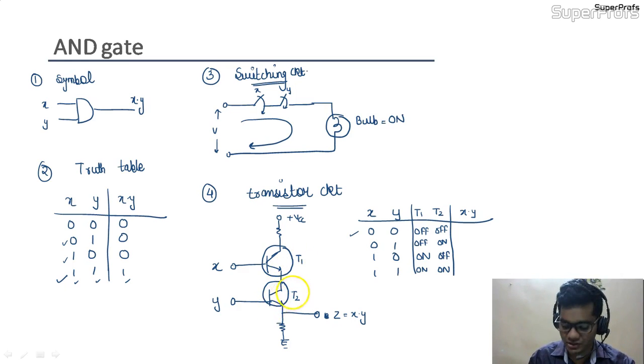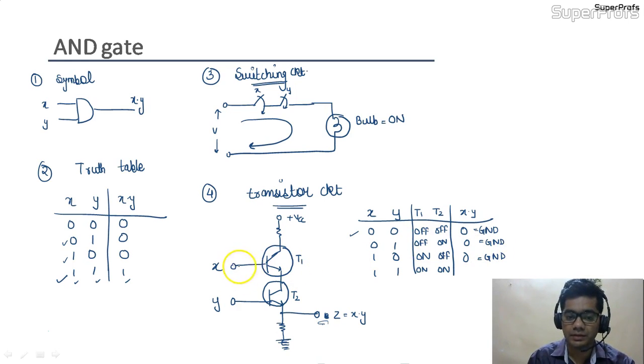Due to which this ground voltage would appear at this point Z. Therefore the output would be 0 0 0, or we can say ground condition.